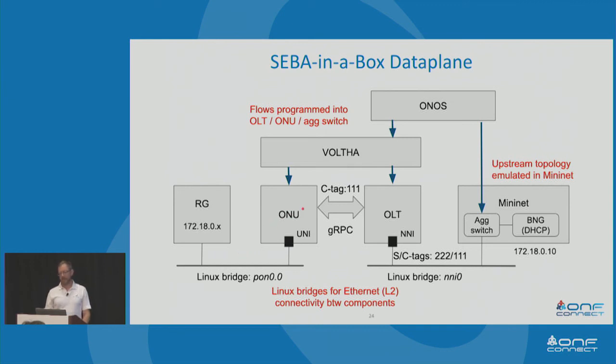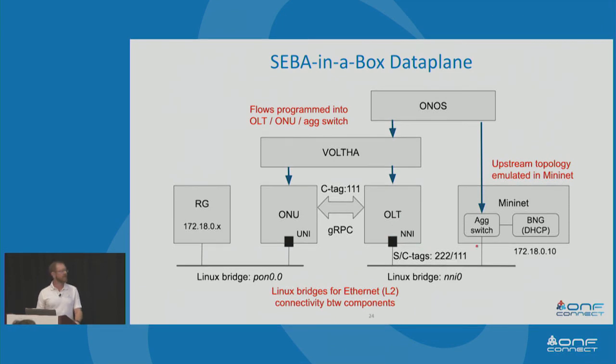The ONU connects upstream to the OLT, right? So this is in this hardware pod. This would be where the PON network is between these two things. So here, these are connected with a gRPC tunnel, but this is where the PON network is emulated in this setup.